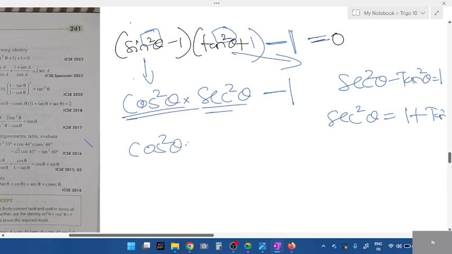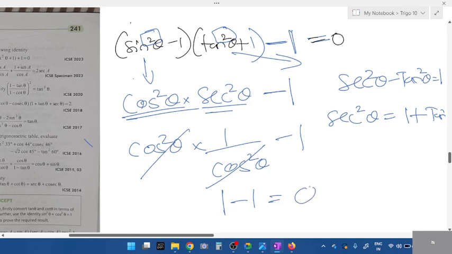I'll keep cos square as it is. How do you convert sec? 1 by cos square theta. If both are cancelled, the answer is 1. What is 1 minus 1? Are we getting 0? I forgot to change the question. The question is wrong, so it should have been minus 1 there.